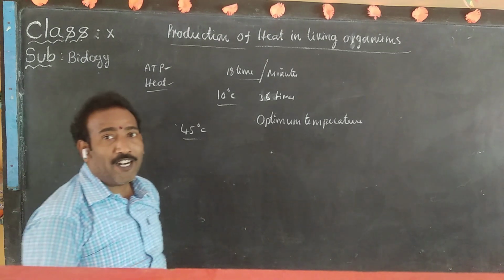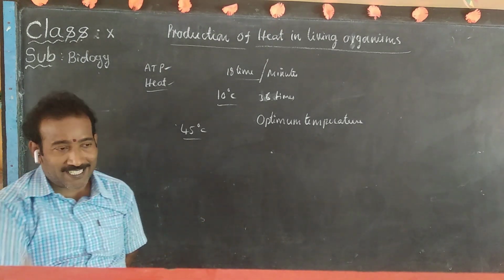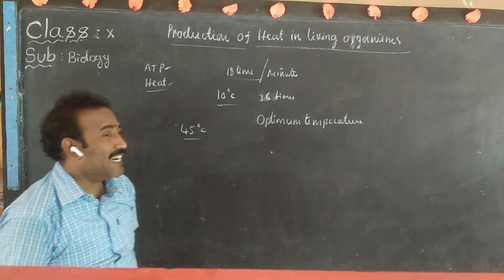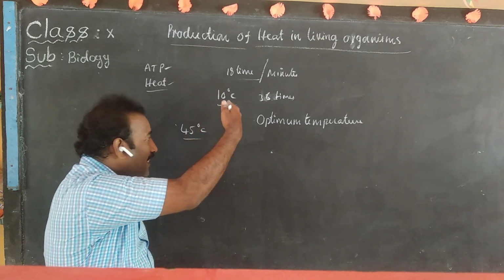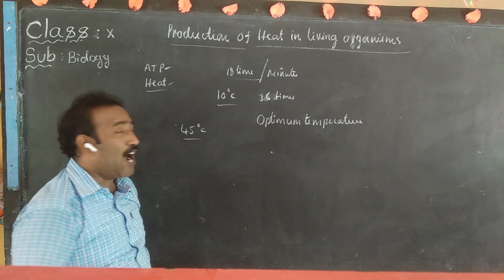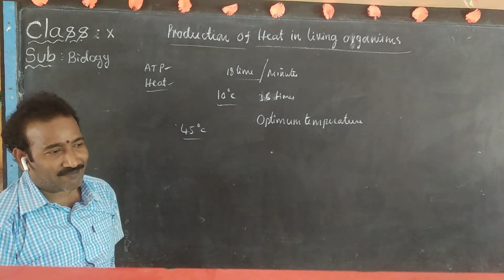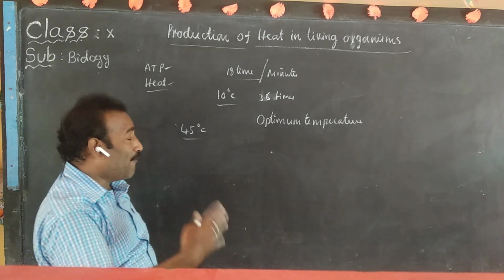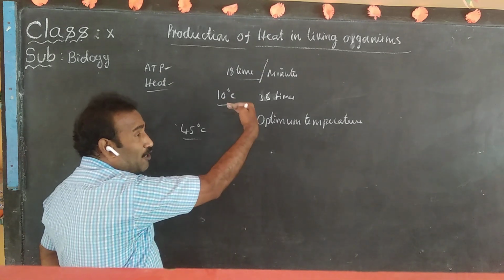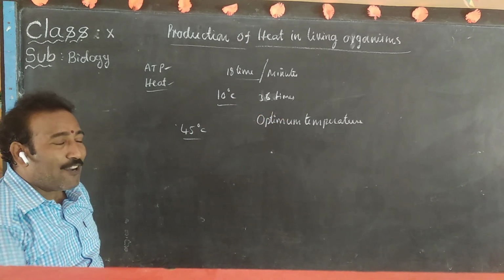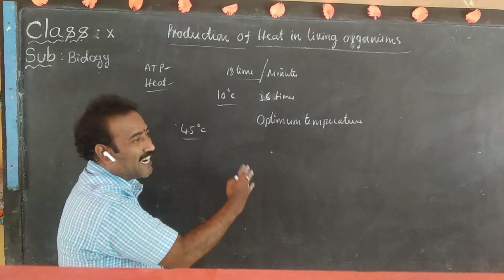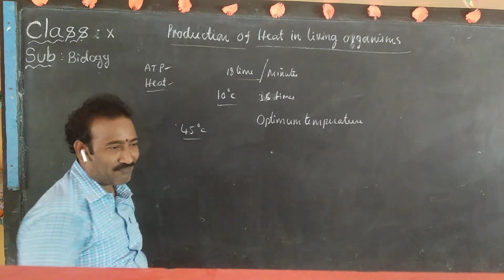Suppose you keep a person in a refrigerator, where the temperature is low. The rate of metabolic processes gradually decreases, and after some time the person will die. In the same way, if we keep a person in boiling oil, the rate of metabolism gradually decreases, and after some time the person will die.